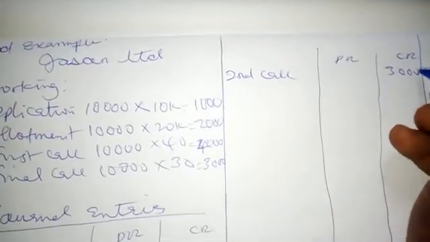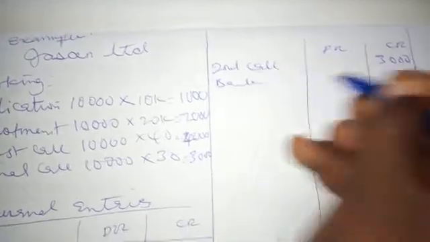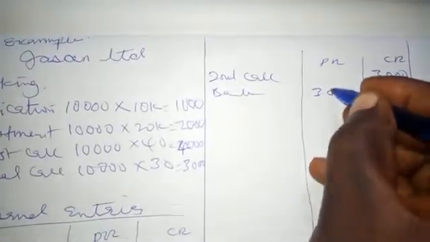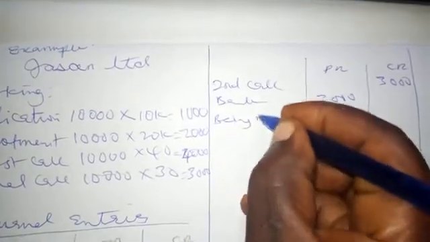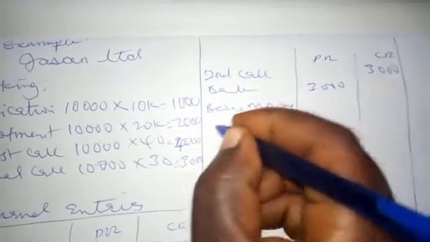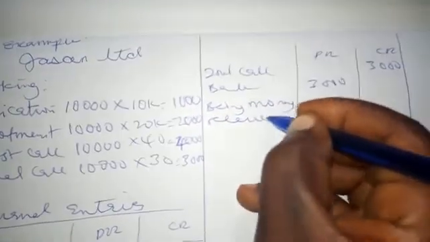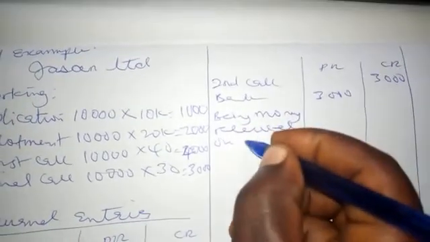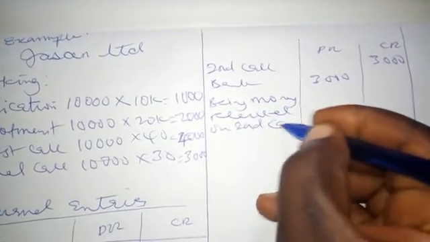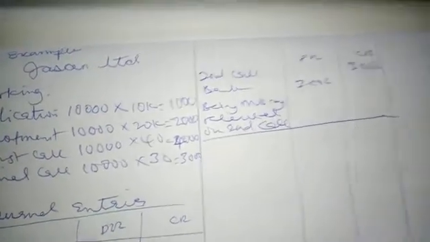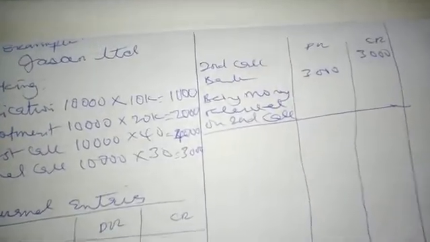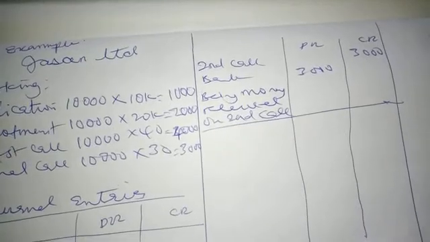You credit this 3,000 naira, then bank, you have 3,000 naira. Being money received on second call. Okay, you can see it all.